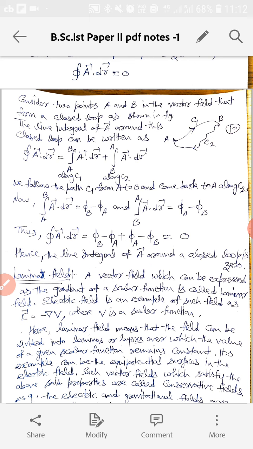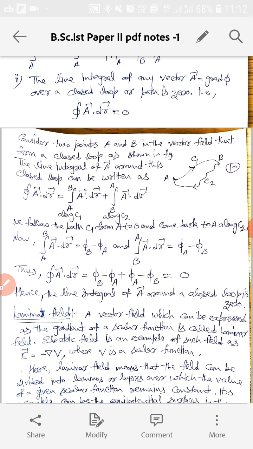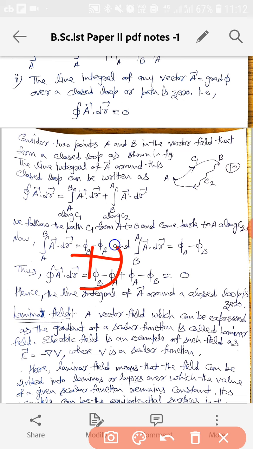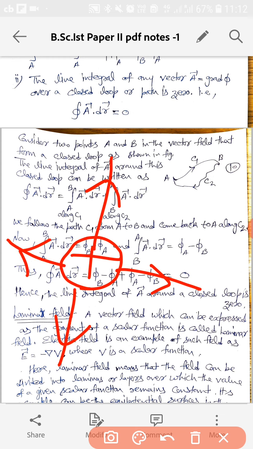Laminar field means that the field can be divided into laminas or layers over which the value of the given scalar function remains constant. For example, if we want to draw the electric field lines due to a positive charge, they will be like this.